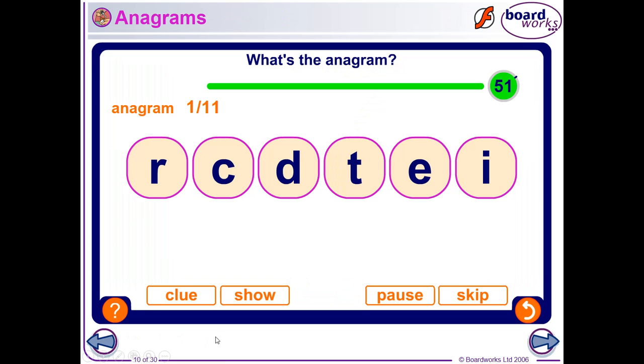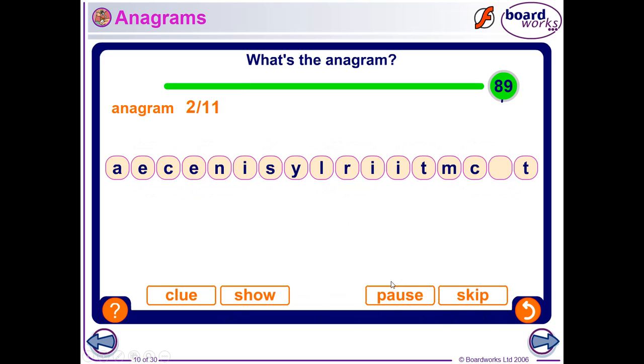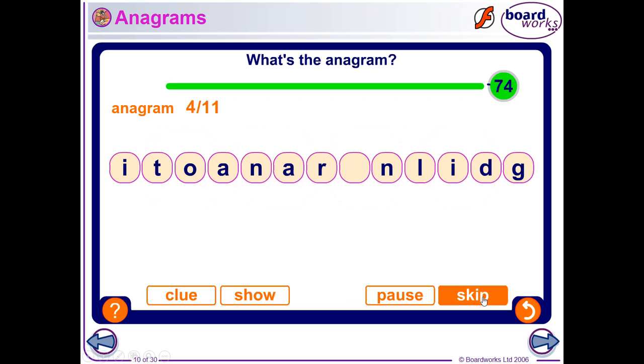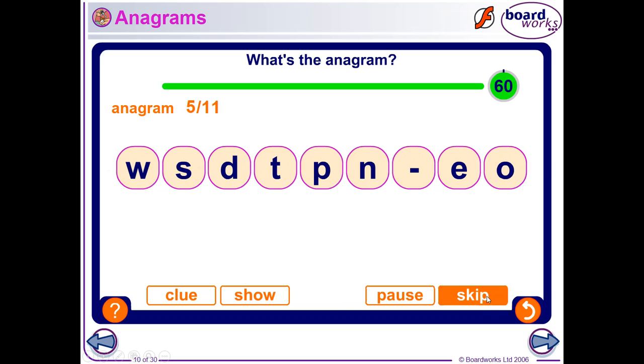Second one. So pause the video and look at that one. Try and put it into the real world. Third one. Fourth one. Fifth one.